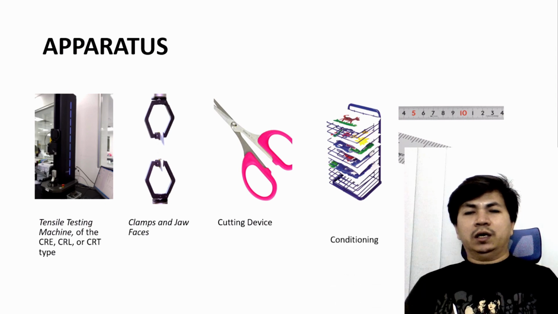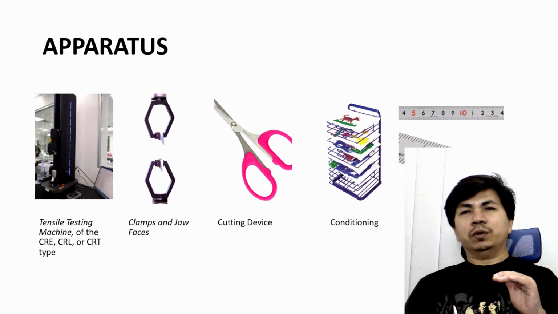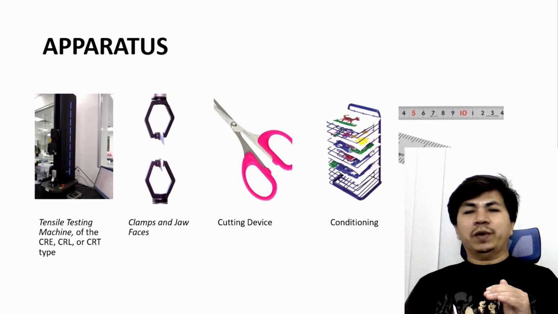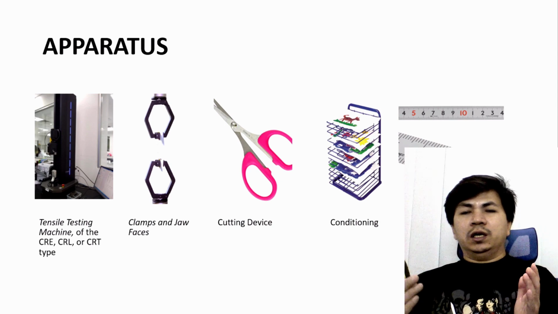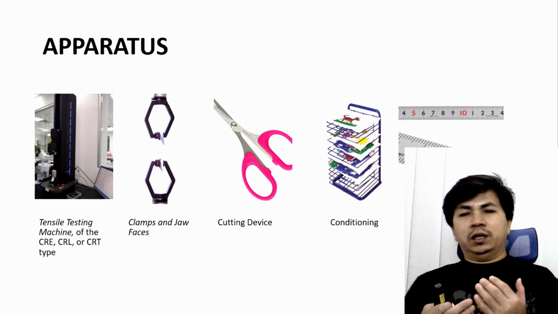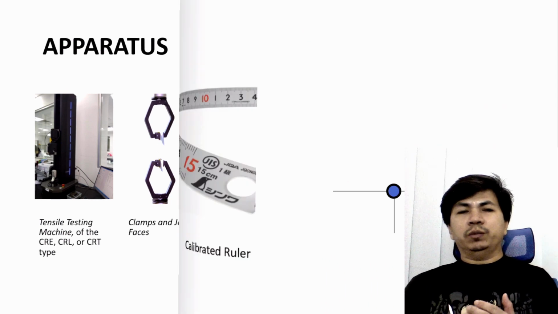Then conditioning facilities. A conditioning rack is a special type of rack with perforated shelves so that air can circulate thoroughly. And then a calibrated ruler, graduated in millimeters.